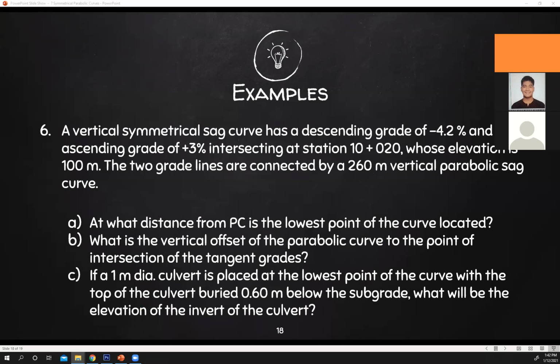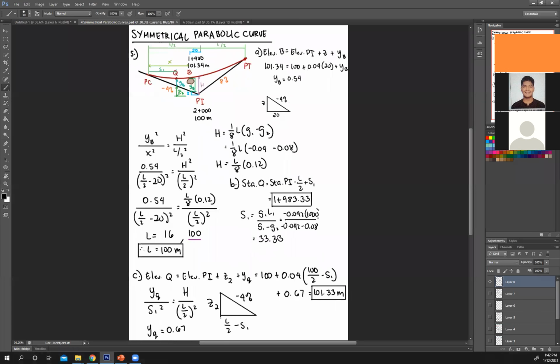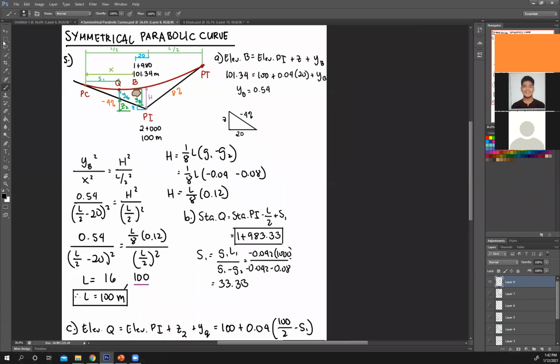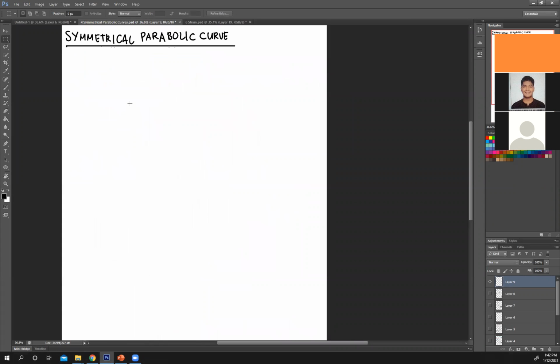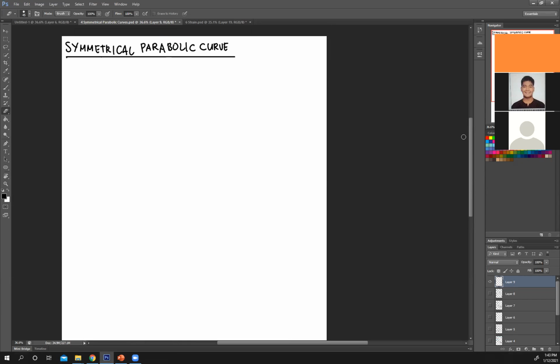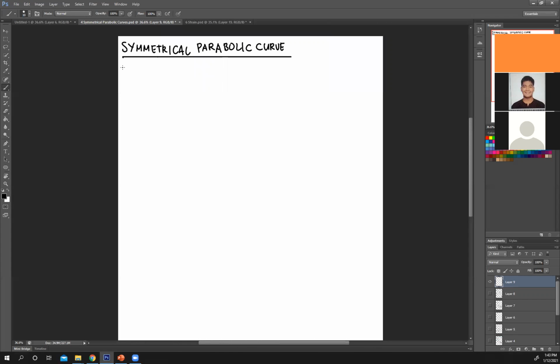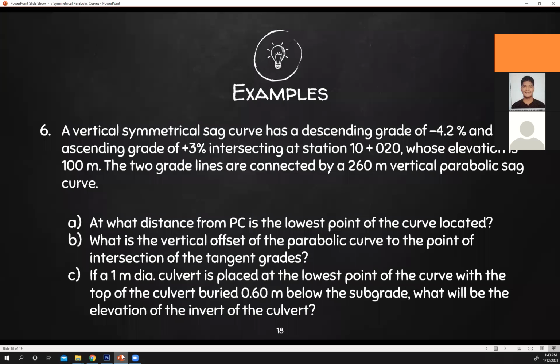Let's draw first. Number 6. Again, descending, then ascending grade.